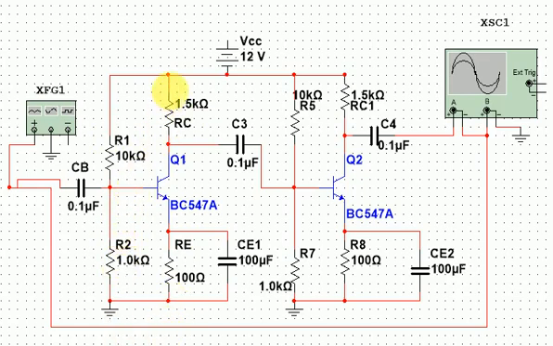As the collector current is very much dependent on beta, IC equals beta IB, it also reduces the influence of beta on IC, so that it works at the proper DC point.